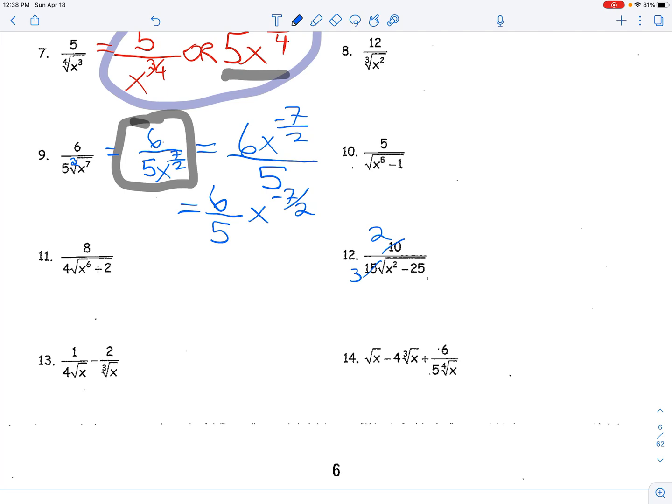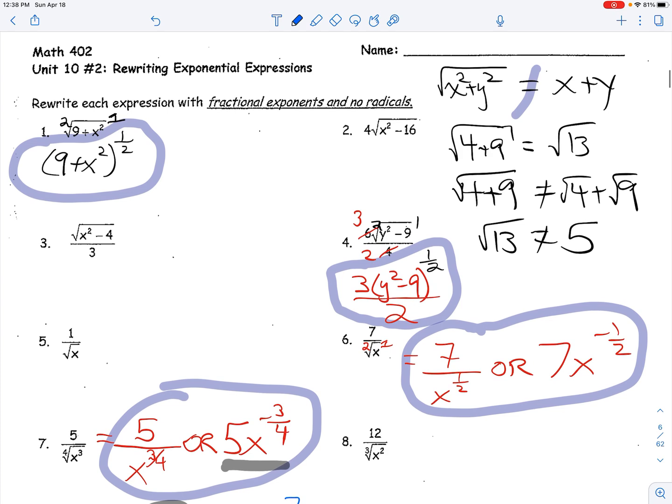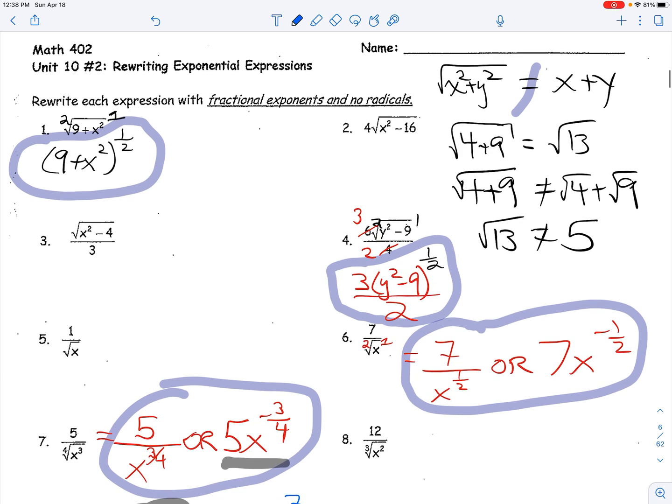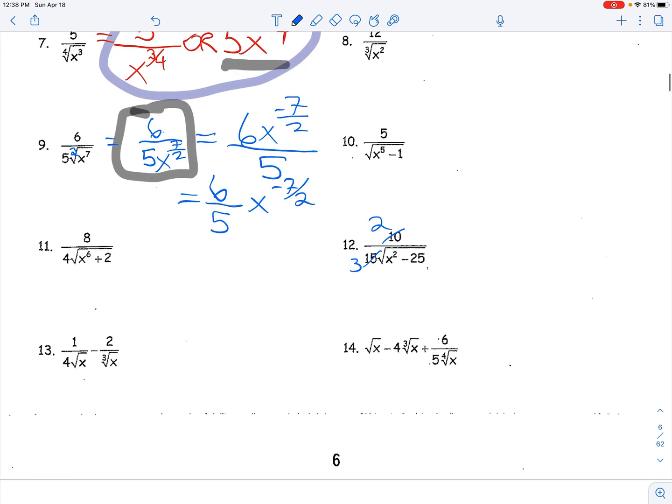And let's see. Remember with the square root of x squared minus 25, I was talking about this last time, with number 1, I made an example there. You can't take the square root of each term there, with the minus sign. So let me see here.